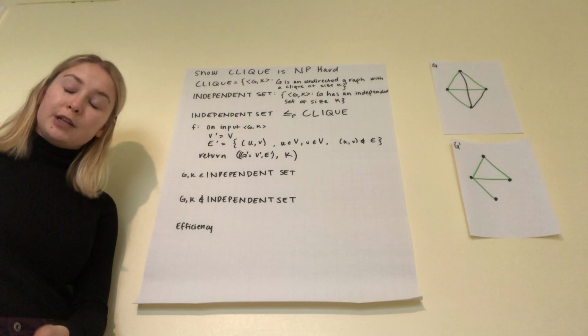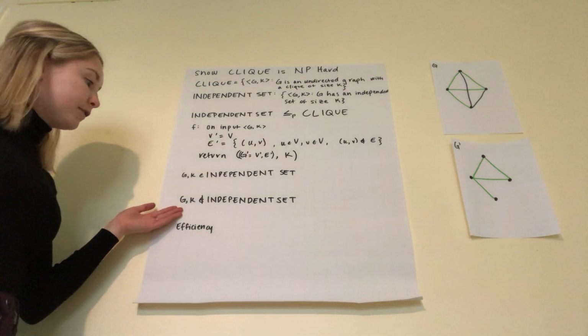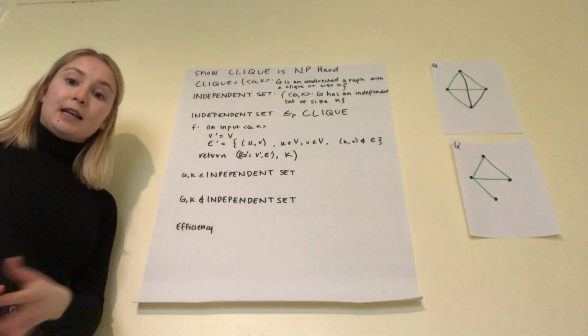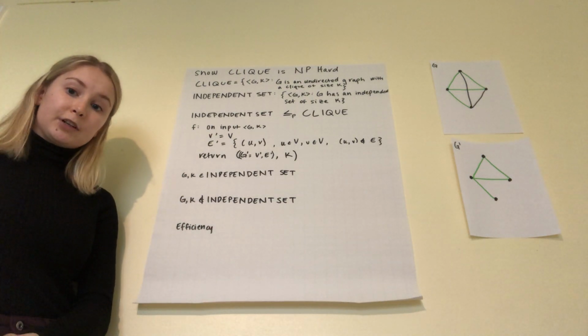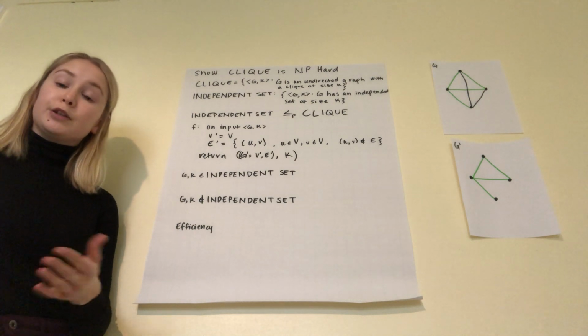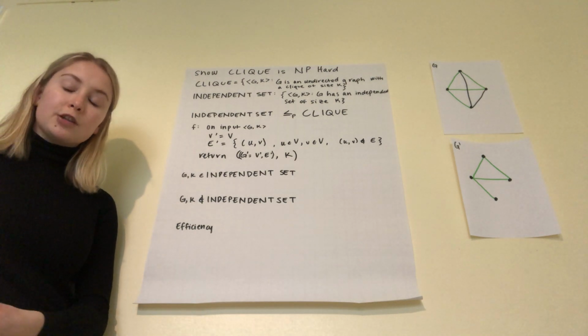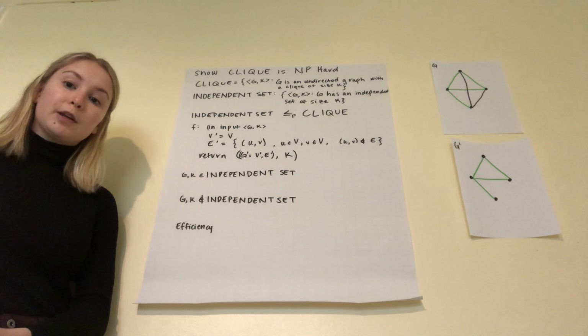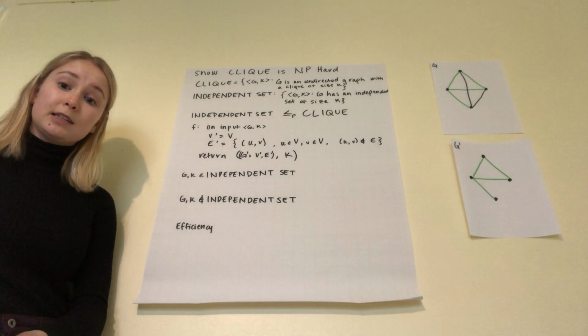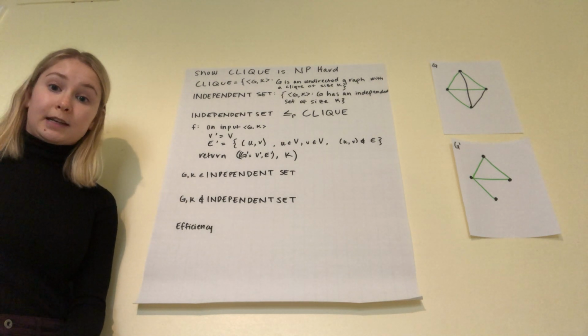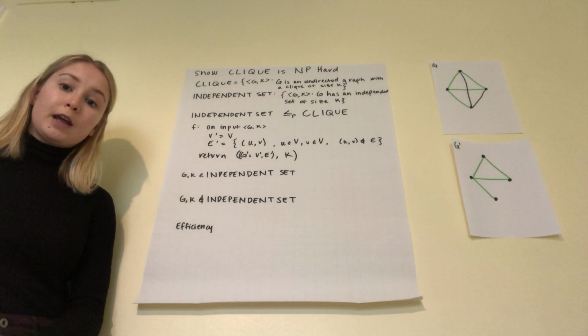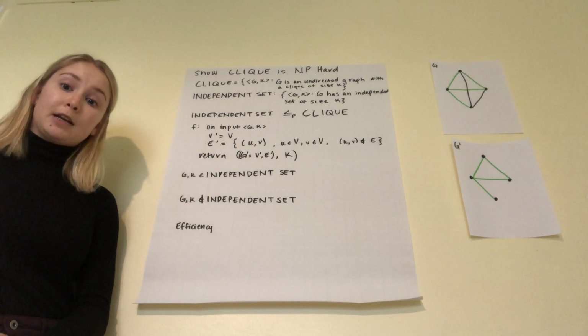And so therefore G prime will have a clique of size at least K. If G, K is not in independent set, then there will not be K vertices, all of which do not share edges. And so when we construct our G prime, we will not have at least K vertices all connected. And so therefore, our G prime, K will not be in Clique.